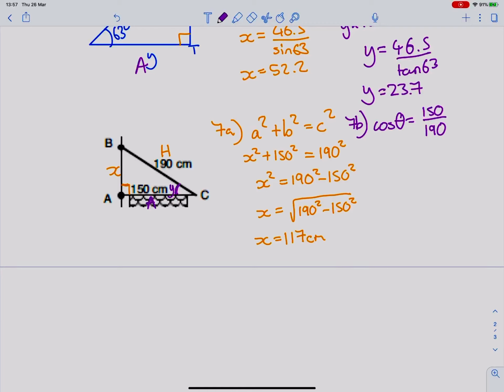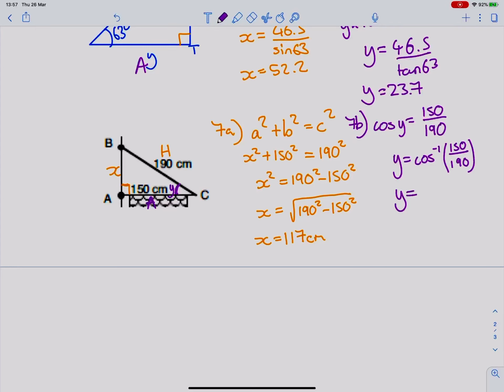Remember, this is finding the angle, so you're trying to find the angle y, so that should be a y rather than a theta. I didn't write down the formula, so cos y equals 150 over 190. Then you're trying to find y, so you take the inverse of cos off both sides: inverse cos 150 over 190.